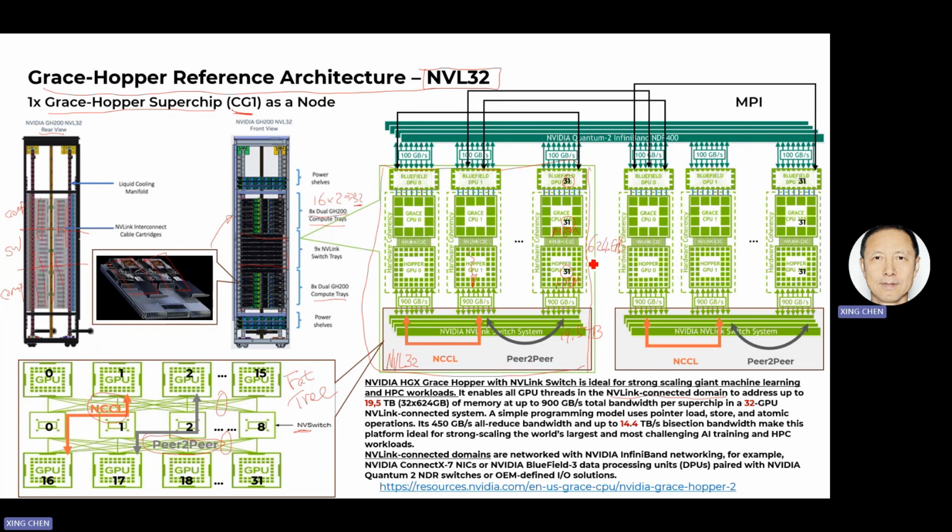So 624 gigabytes multiplied by 32 is the total memory of all the nodes belonging to this NVL32 domain.